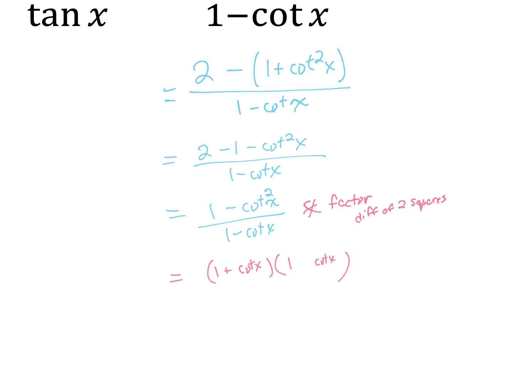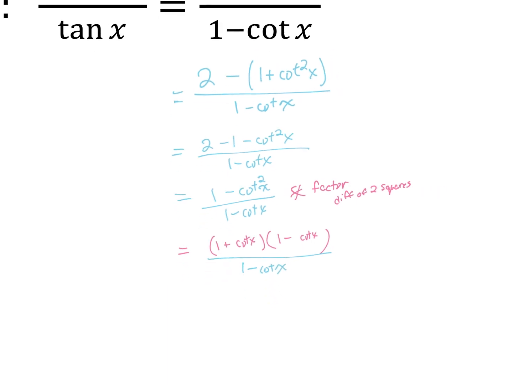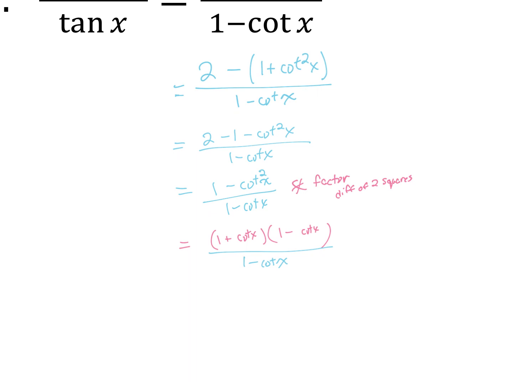And one's positive and one's negative, right? And then we have our denominator. So what do we notice that happens there? Yep, this divides out, doesn't it? And so on the right-hand side, we are left with just 1 plus cotangent x.